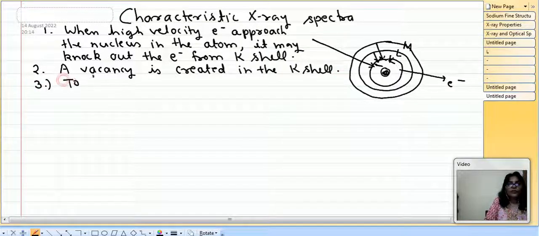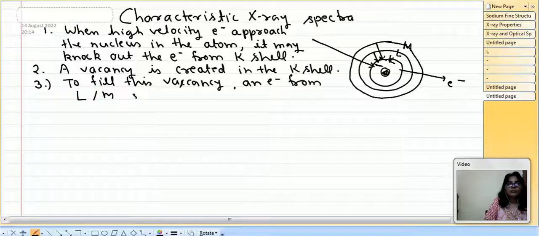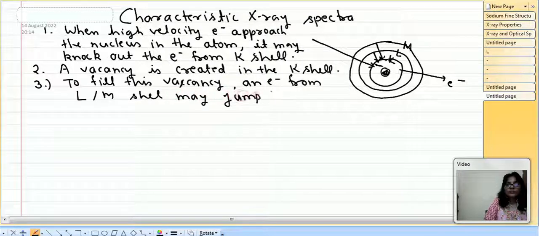To fill this vacancy, an electron from the L or M shell may jump into the K shell.